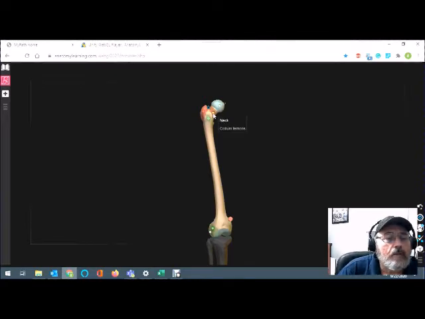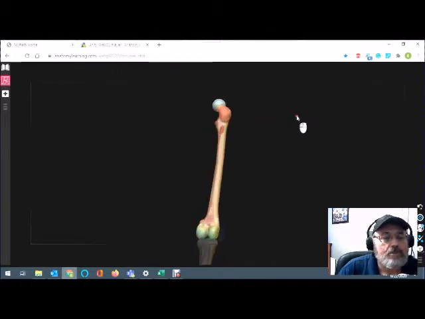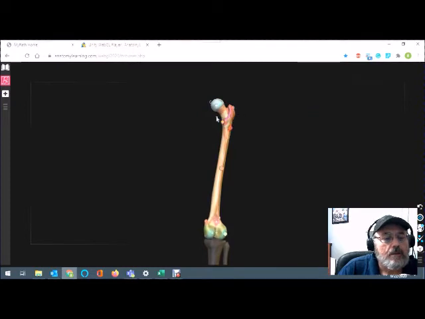Now, we also have a neck, and there is a little area here we would say that's the surgical neck. If you were to do a cut, you would do it right through this area if you were replacing the hip or something like that.